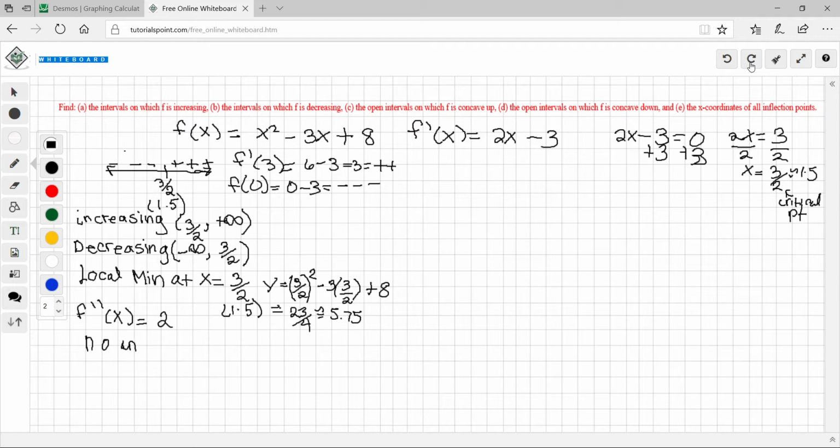So there's no inflection point for this one. I'll show you when I graph it, and I'll show you why there isn't a concave down.